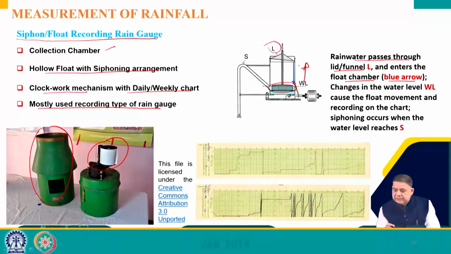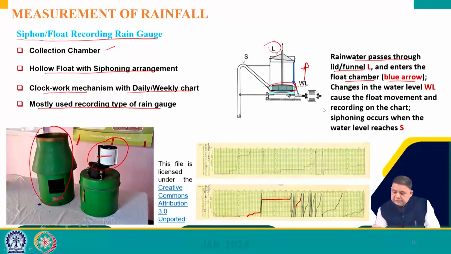The moment it rises, this recording mechanism which is attached to it records rainfall on this chart. As you can see here, when there is no rainfall, there is a horizontal line, but the moment there is rainfall, the water level rises. So, you can see that there is a rise in the float, and that is being recorded by the pen on the chart.